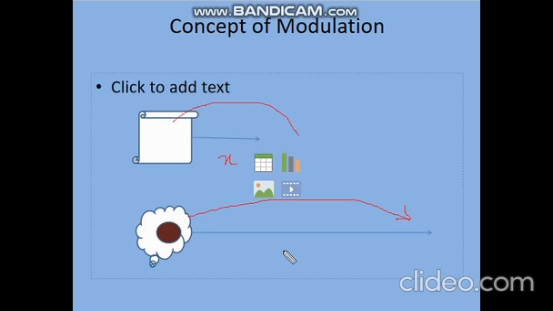If you transmit the baseband as it is, it is more affected by noise because the power content of the baseband signal might be less. When you apply a carrier signal, it translates the baseband signal frequency. Baseband signals are usually audio or video signals which are at a lower frequency.